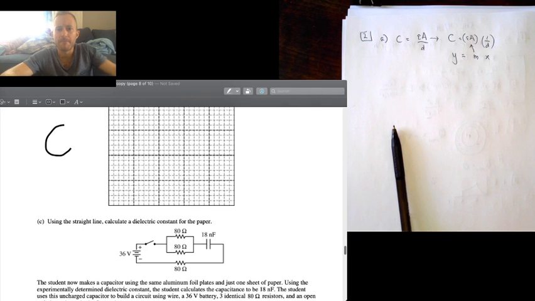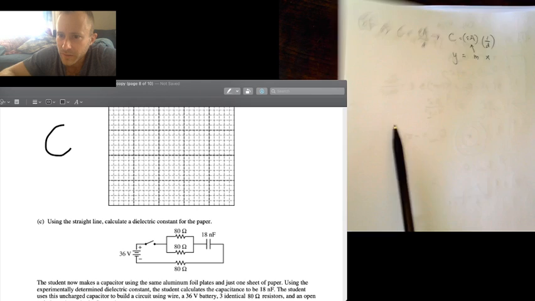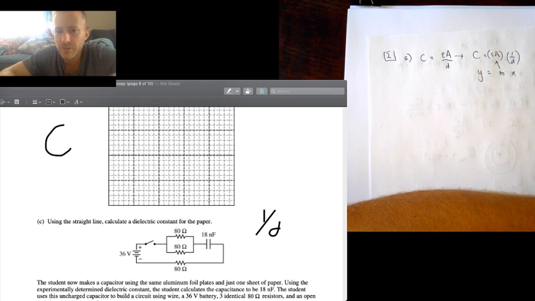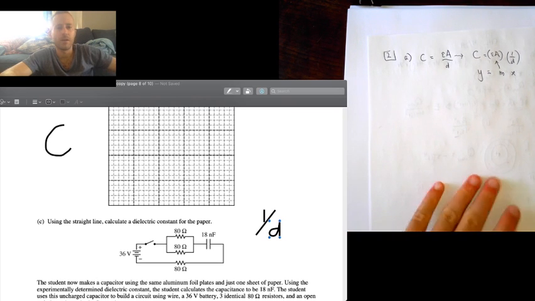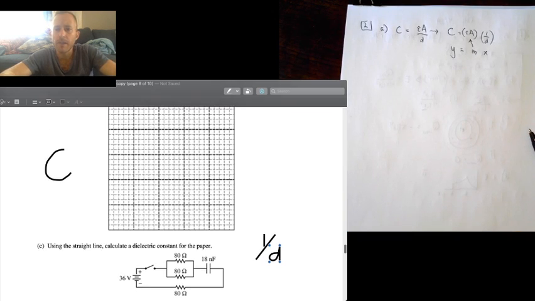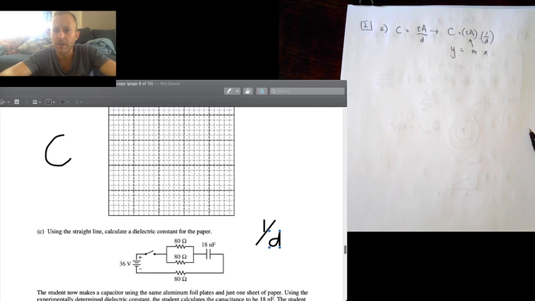So on here I have 1 over d on the horizontal axis. Okay, and I'll put 100 here.